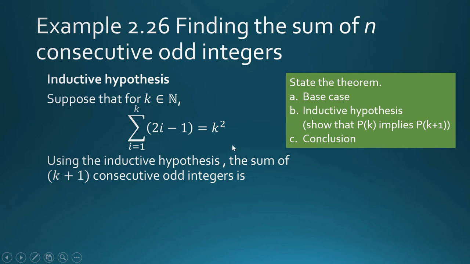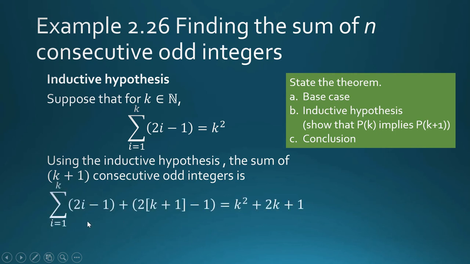Okay, so we will write it formally using sigma notation. It's equal to this. Now, don't be easily overwhelmed by the equation. Okay, so we will show it one by one. So this one is the sum of the first k consecutive odd integers. And then what we shall do is we shall add the next odd integer after the last odd integer.